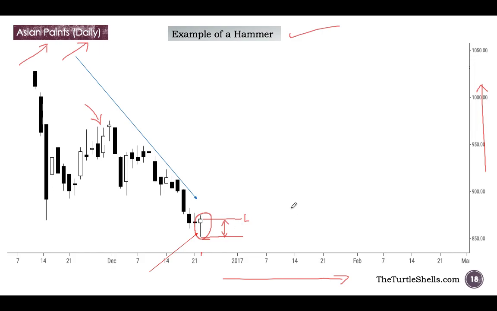So I told you before that the Japanese candlesticks are very precise in terms of giving us the market entry exit levels. So now I have a clearly established entry point. I also have the stop loss. This is my exit point if the price goes against me, and then I can expect the prices to go up.